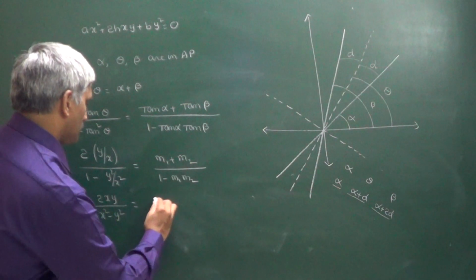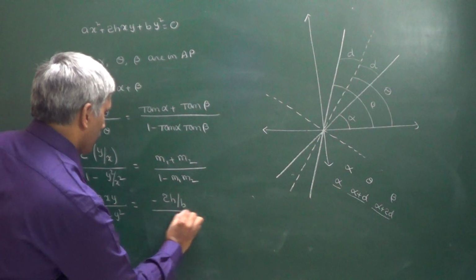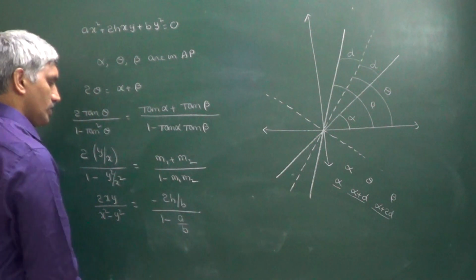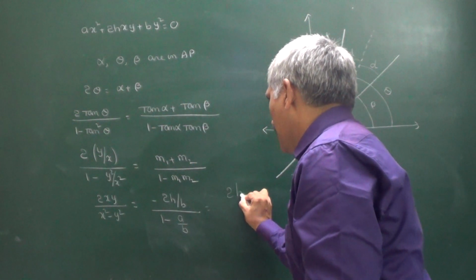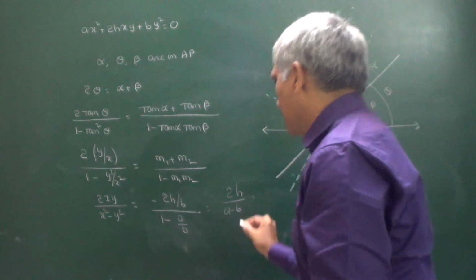m1 plus m2 is equal to minus 2h by b, and the product of the slopes is equal to a by b. Now this simplification can be written as 2h divided by b, b cancels, and we get a minus b.